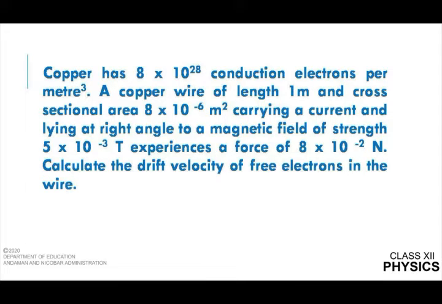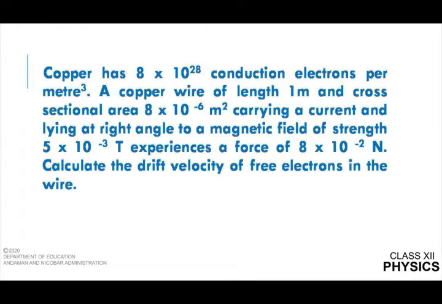A copper wire of length 1 meter and cross-sectional area 8 into 10 power minus 6 meters square, carrying a current and lying at right angle to a magnetic field of strength 5 into 10 power minus 3 Tesla, experiences a force of 8 into 10 power minus 2 Newton.